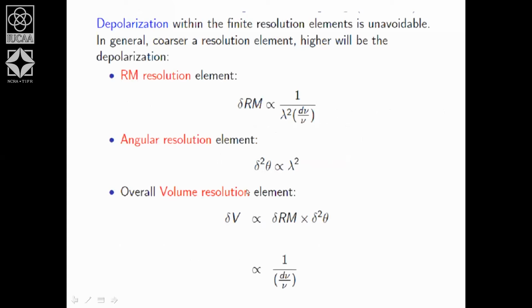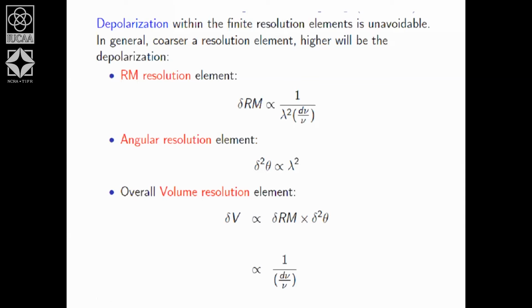And the volume element, you will be still left to deal with in terms of the amount of depolarization that can happen if things are changing within that volume. It is basically the resolution in the rotation measure and the angular resolution you have on the plane of the sky.